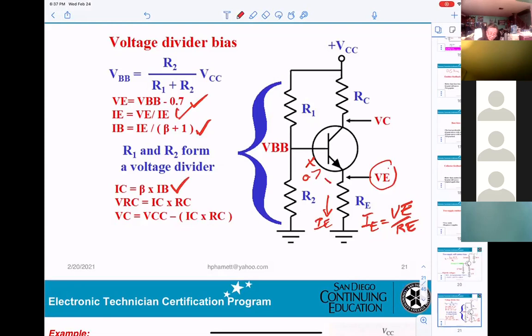If you want to calculate the voltage VRC right here, it will equal IC times RC. And if you want VC, we already showed you: VCC minus IC times RC. Now, if I want VCE, it equals what?